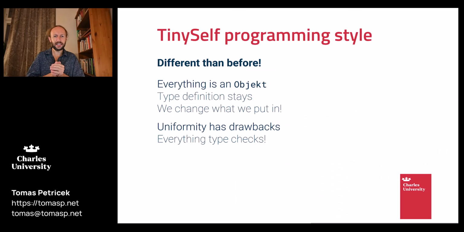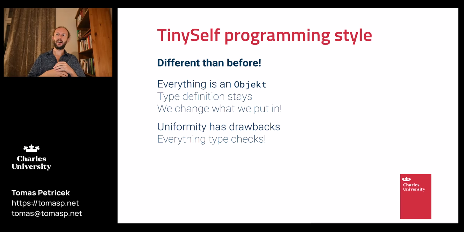So that's enough of F# that you will now need in the TinySelf implementation. But there's a more interesting and more fundamental thing, which is that the code we will be writing for TinySelf is going to be using a fundamentally different programming style from what we've seen before. Before, we always had nice algebraic data types to represent our expressions with all the different cases.